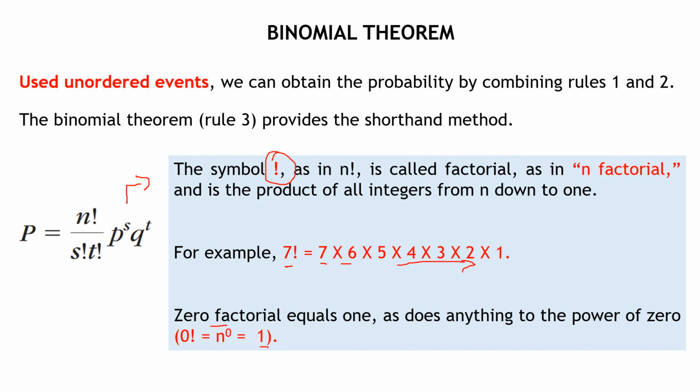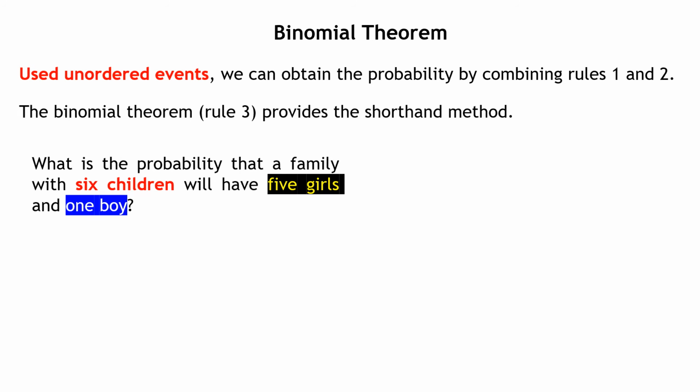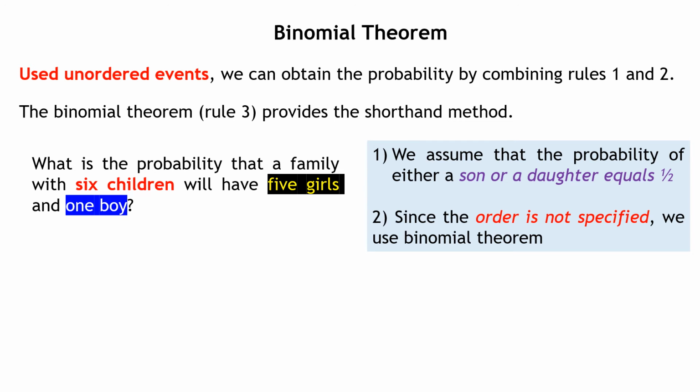So now that we know that, in case you had a doubt, that is the information you needed to solve the exercise. Now we are going to see this exercise again, which looks so complicated, and it will be much easier. There are two things that you need to remember. We assume that the probability of having either a boy or a girl, a son or a daughter, is half.